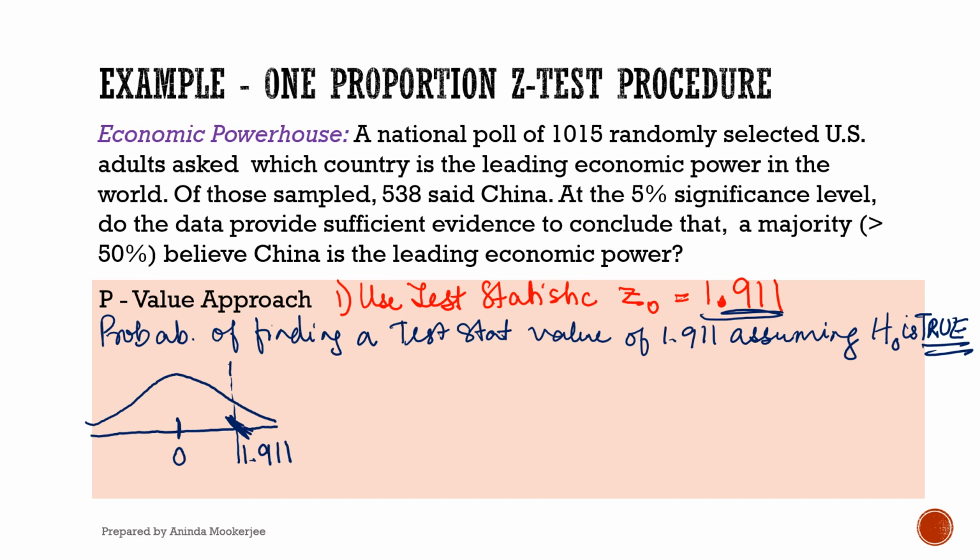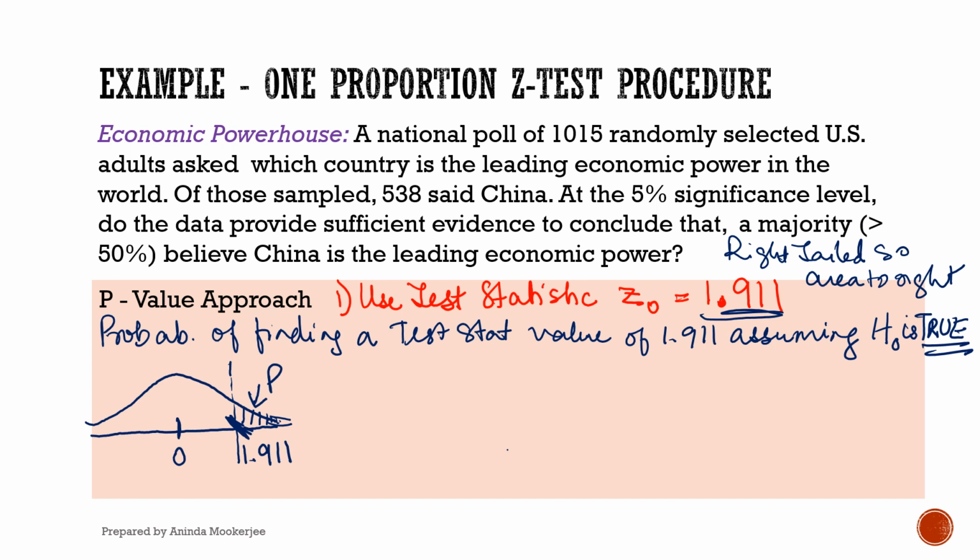So we have to find the area to the right. Why area to the right? Because this is a right tailed test. So the area to the right of 1.911 is going to be our p-value.